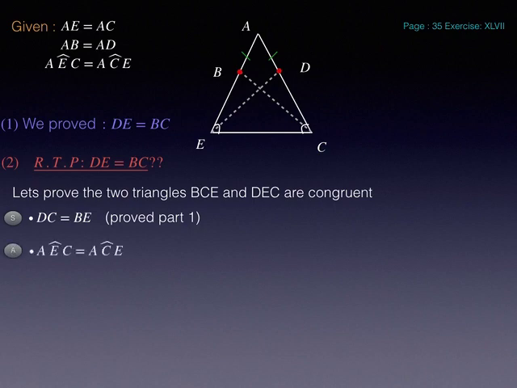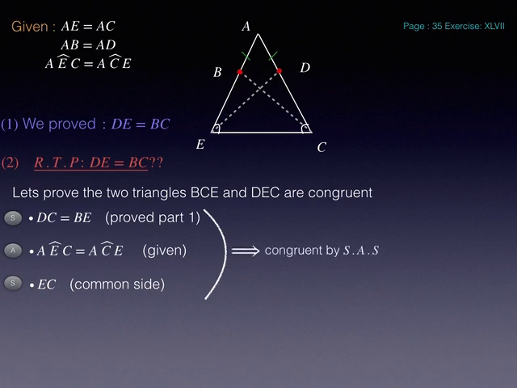Also, we have the two angles AEC and ACE equal, given, and we have EC as a common side in the two triangles. So then we can deduce that these two triangles are congruent by side angle side.